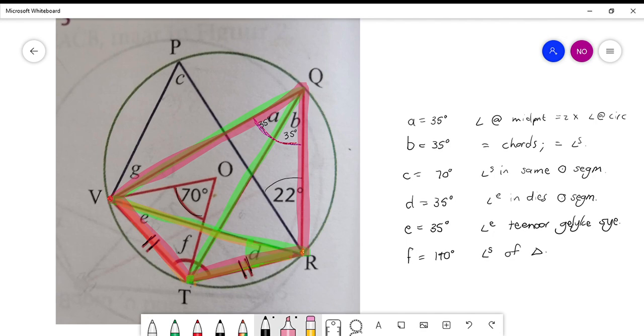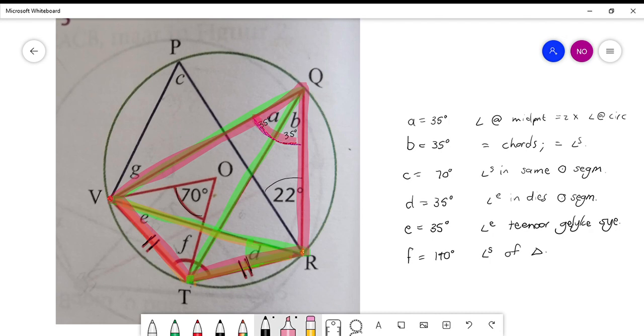Do you agree that this is a chord? What's a chord? It's a line drawn from one point on the circle circumference to another point on the circle circumference. Né? En hierdie is 'n koord, en hierdie is 'n koord, en hierdie is 'n koord. So daai ding wat ek pink ingekleer het is 'n koorde vierhoek. In other words, all 4 sides are made up of chords. In English, we call it a cyclic quad. Because do you see that all 4 points are on the circle circumference? Eh? A cyclic quad.